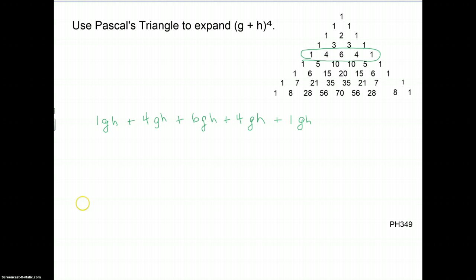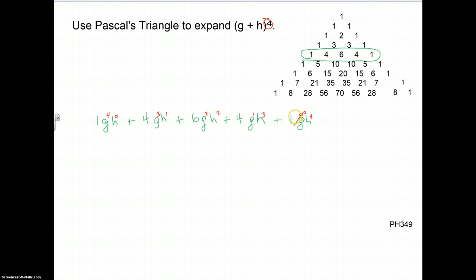Now let's go ahead and put in our exponents. The highest exponent is 4, so it's going to be g to the 4th, then 3, 2, 1, 0. And h is going to start at 0, 1, 2, 3, 4.